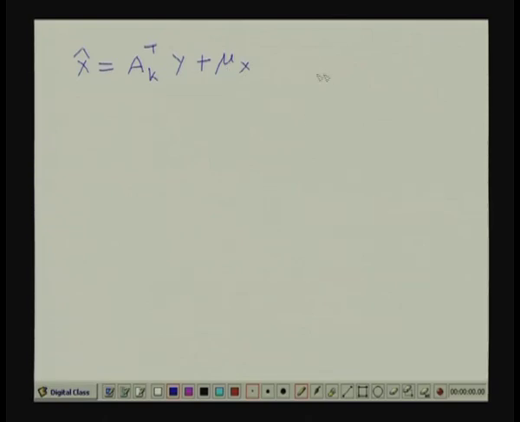Now, here you find that the matrix A k was of dimension k by n, and vector y was of dimension k.